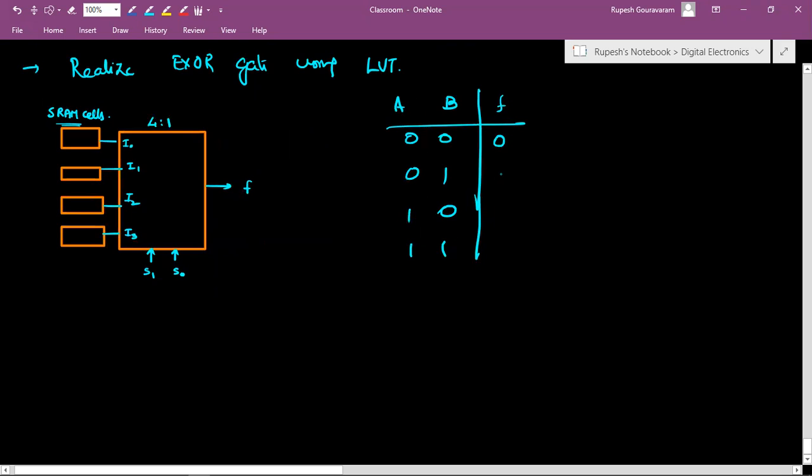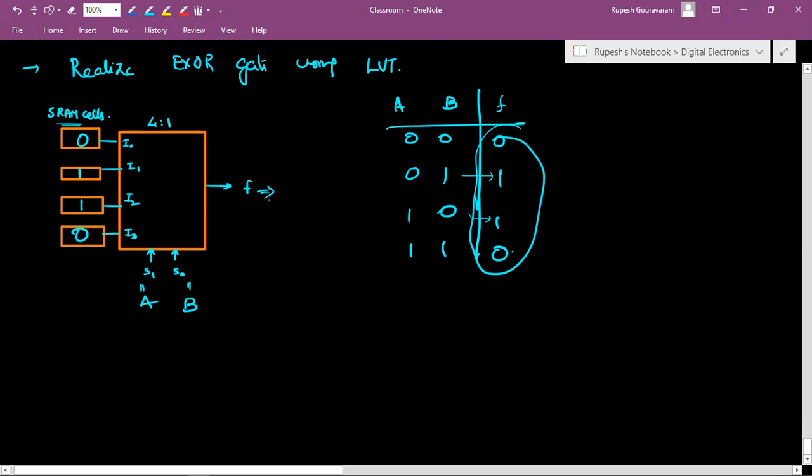So the truth table is 0, 1, 1, 0 here. So whenever 1, 0 or 0, 1 occurs, then 1 is the output. Then we supply S1 as A and S0 as B, and we'll write the truth table of the function in the SRAM cells. We'll feed the SRAM cells like this. So this gives F. Simple.